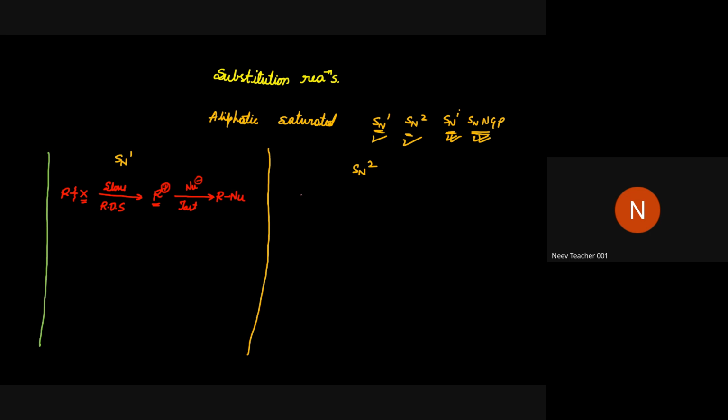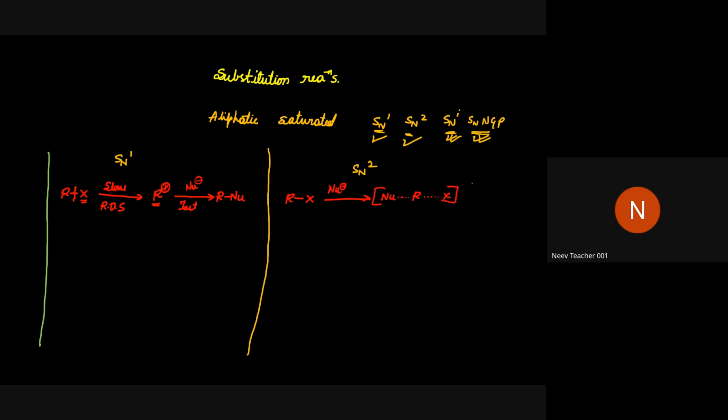And in case of SN2, there is no intermediate as shown in the first step. The only thing that is going to form is a transition state where a nucleophile attacks from the backside of the alkyl halide, eliminating the leaving group.